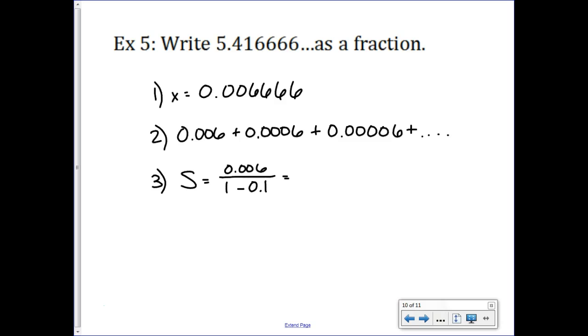So that means it's 0.006 divided by 0.9, which if I just move the decimal place over 3 places to get that to be a 6, I move it over 3 places here, that would be 900. Reducing 6 over 900 would be 2 over 300 if you saw that divided by 3, but that'll go even further. So 1 over 150.